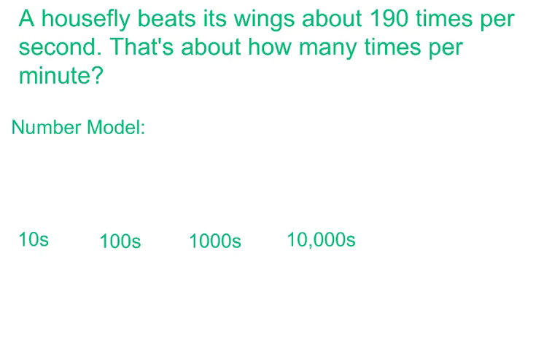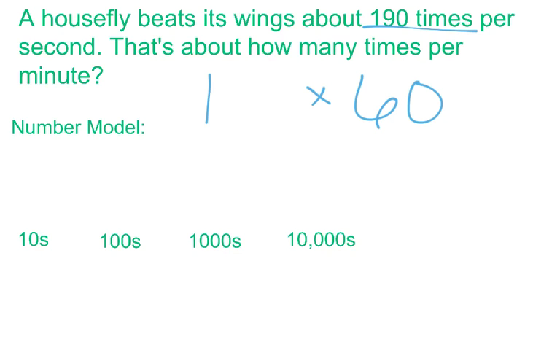Alright, let's do another problem together. So, a housefly beats its wings about 190 times per second. How many times does it beat per minute? Okay, so we know we have 190, and we're trying to figure out per minute, which would mean there are 60 seconds in a minute, so that's how I got that.